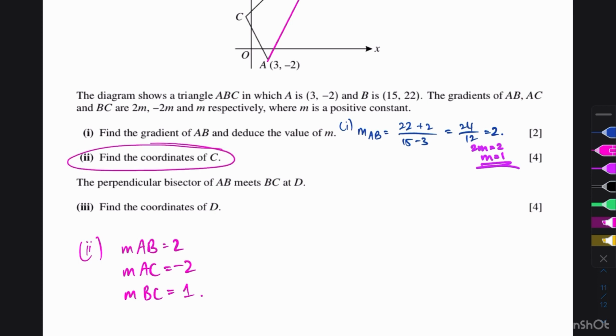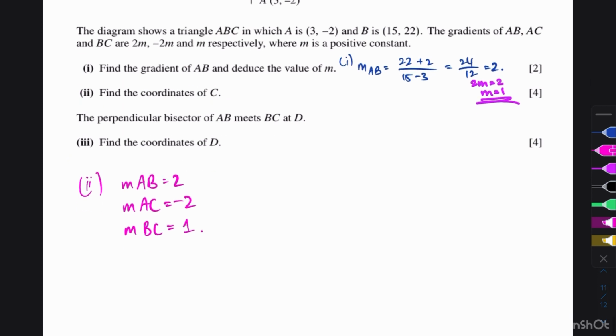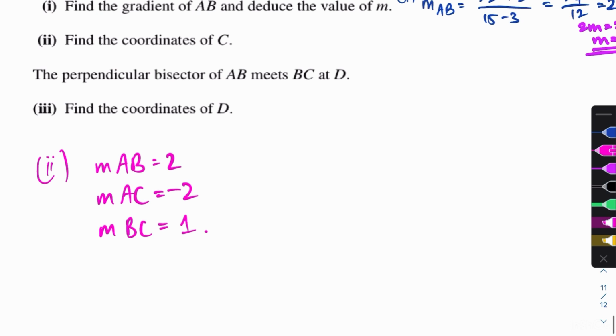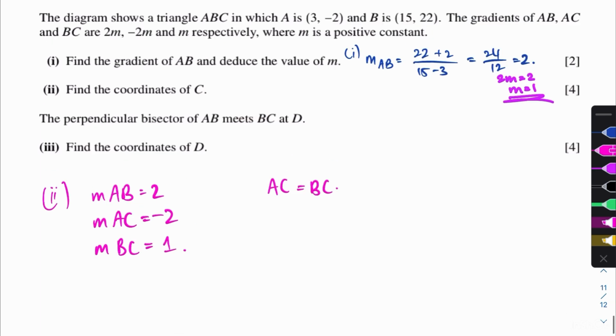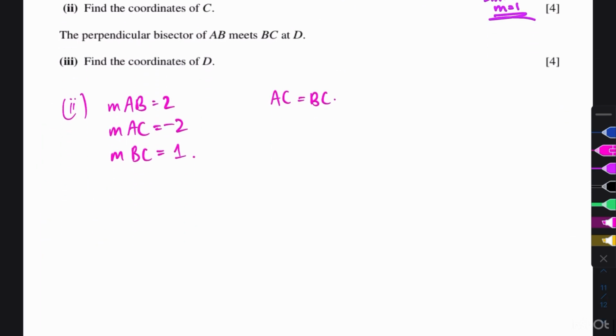So to find the coordinates of C, I'm going to find the equations of AC and BC and equate them, because that'll give us the point of intersection, which is C. So let's find the equation of AC.